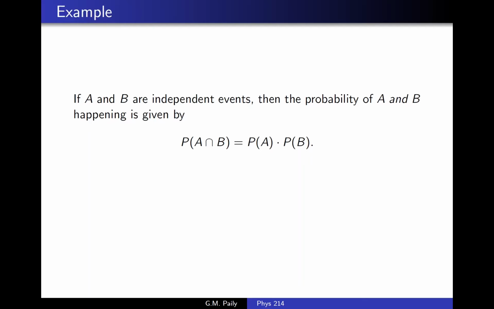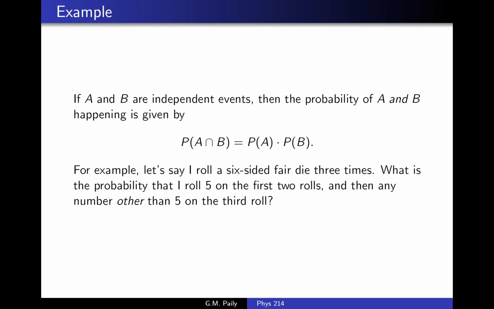If A and B are independent events, then the probability of getting A and B is simply given by the product of the probabilities. So let's do an example. Let's say I roll a 6-sided fair die 3 times. What is the probability of getting 5 on the first roll, 5 on the second roll, and then any number other than 5 on the third roll? So there are 3 events here.